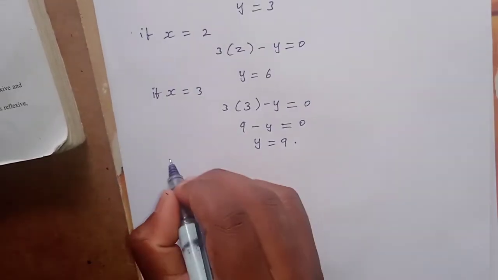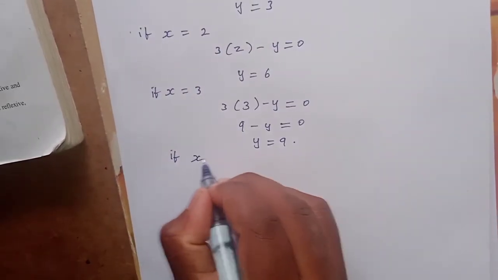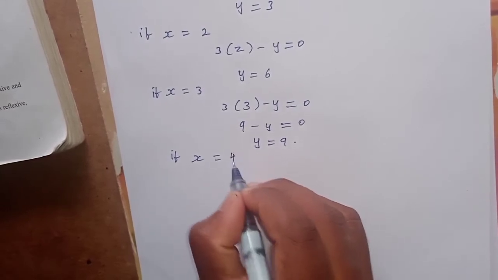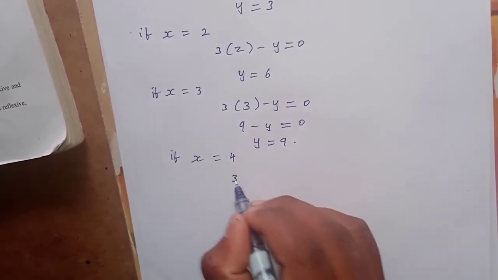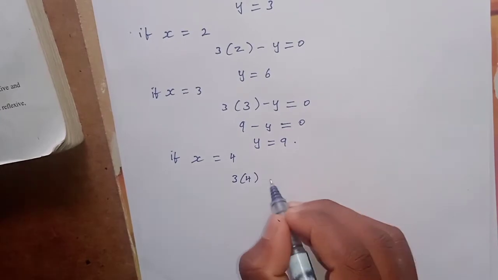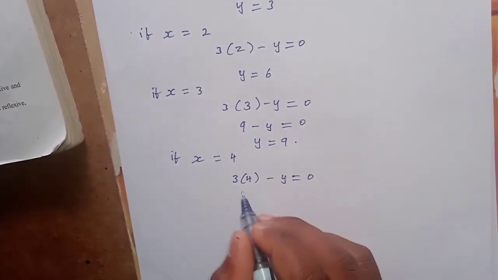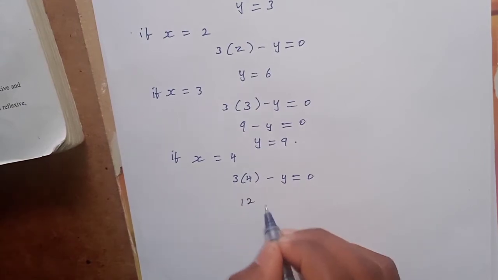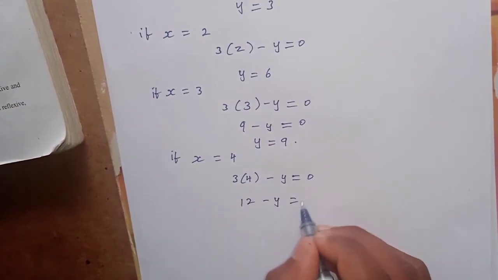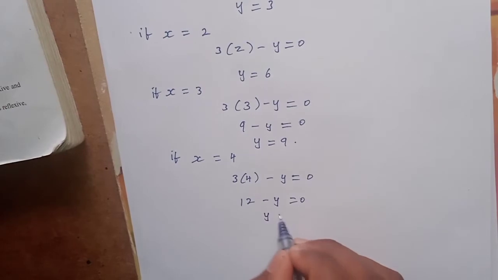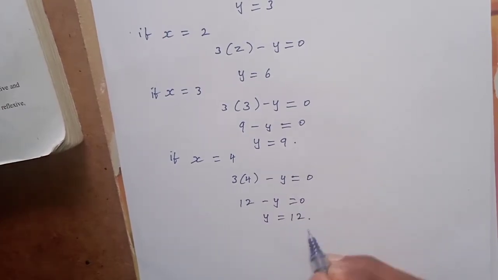Next, if x equal to 4, 3 into 4 minus y equal to 0. Therefore 3 4s are 12, 12 minus y equal to 0, so y equal to 12.